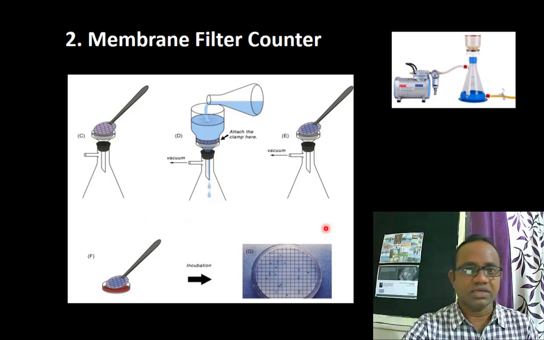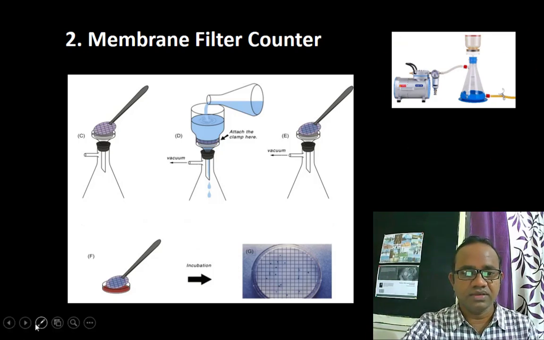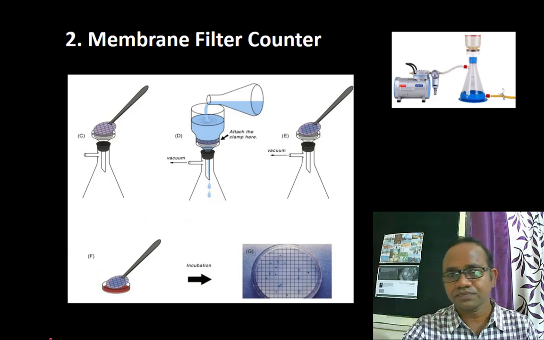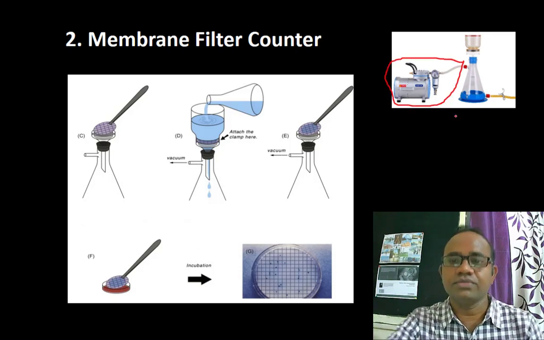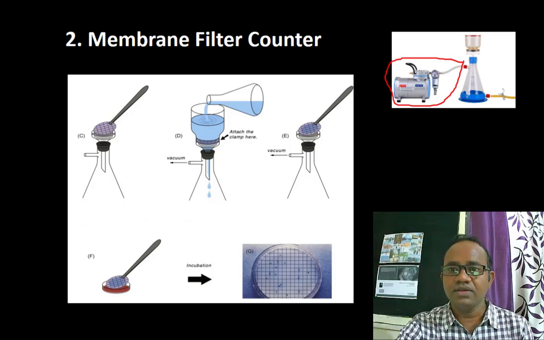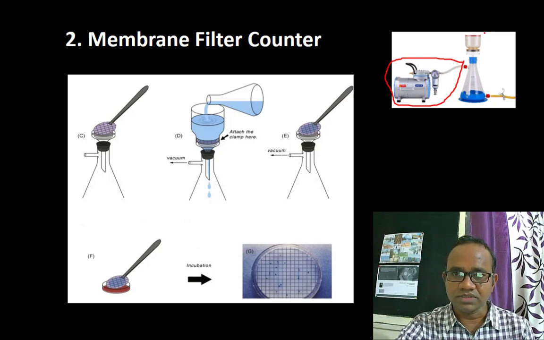The membrane filter is actually an assembly like this, and this assembly is attached to a vacuum pump. This vacuum helps in the suction of the sample which is present in this beaker, right?